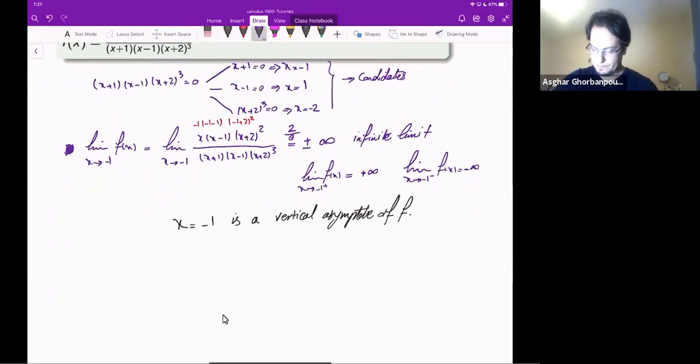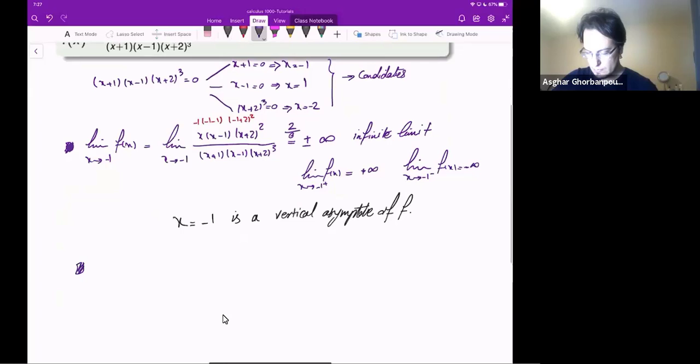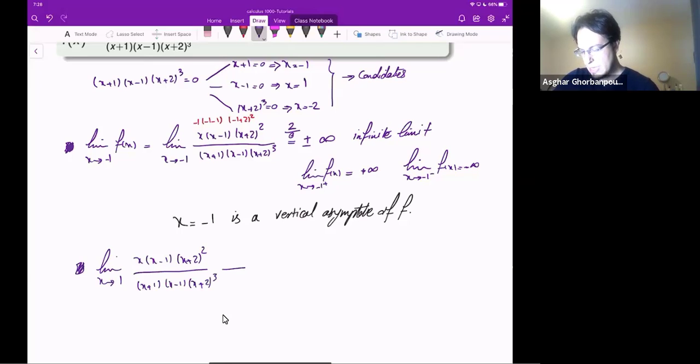The second, limit as x goes to 1 of x minus 1, x plus 2 squared over x plus 1, x minus 1, x plus 2 cubed. If you want to evaluate this limit, you'll notice that this is 0 over 0.